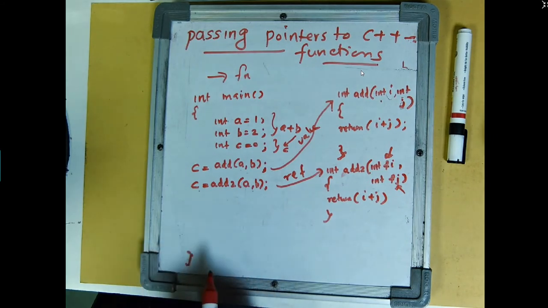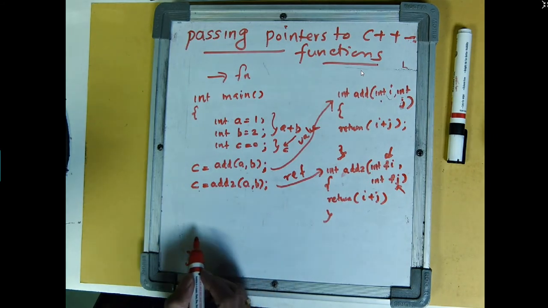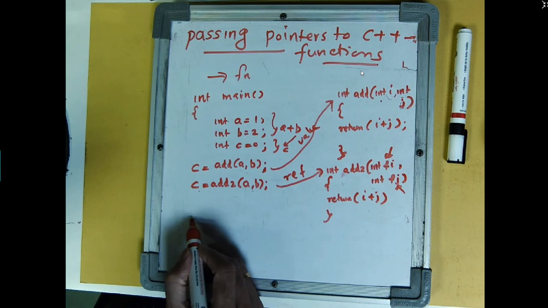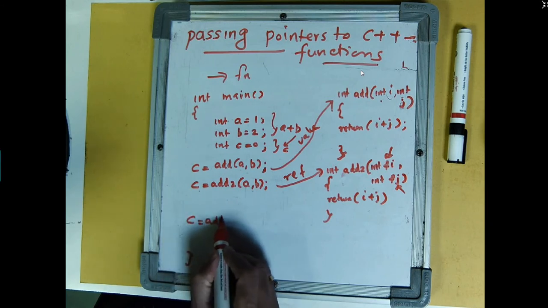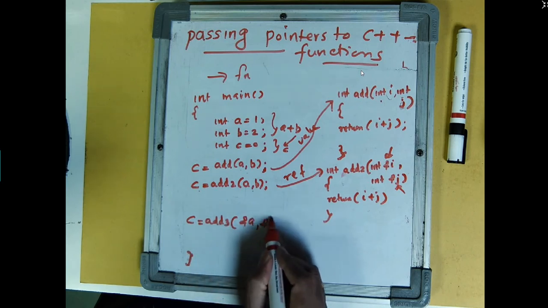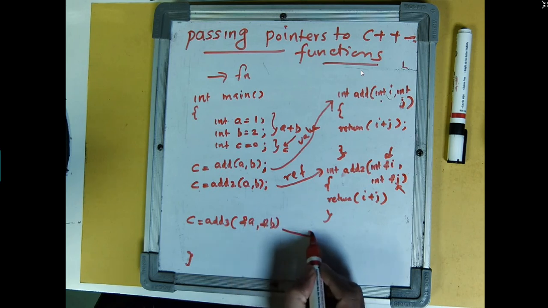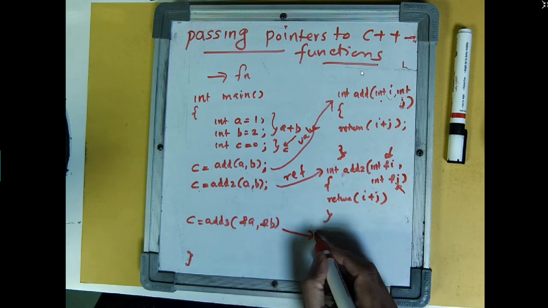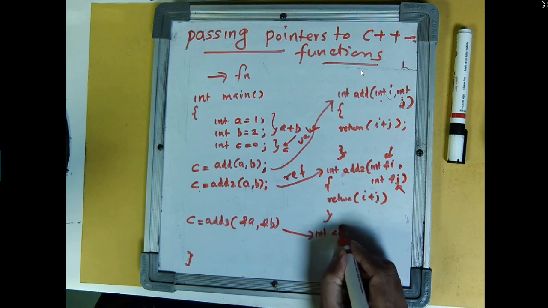Now the third method is like, you can always say c is equal to add3, where I pass the address of a and address of b. How do you catch this here? You can say int add3.